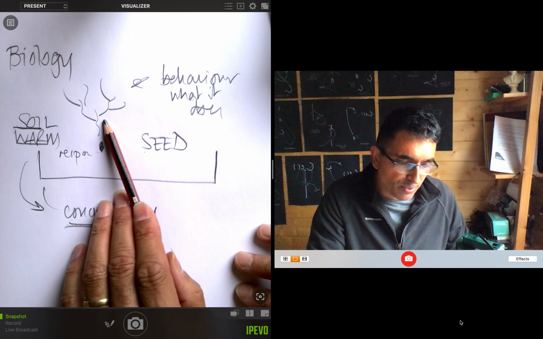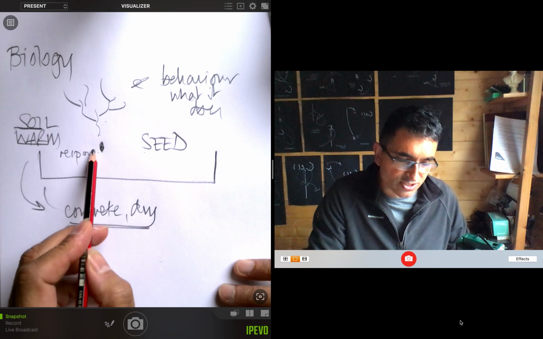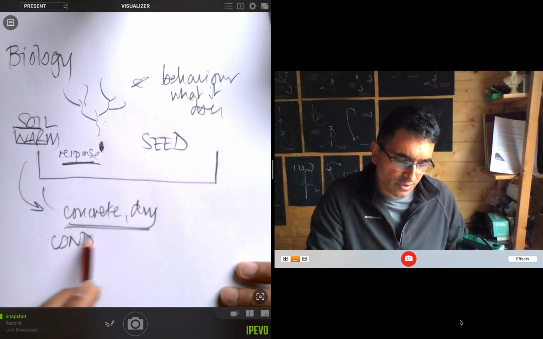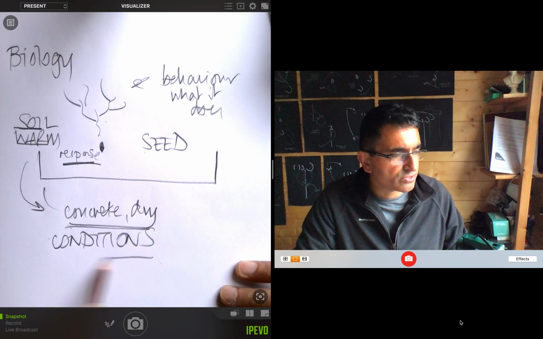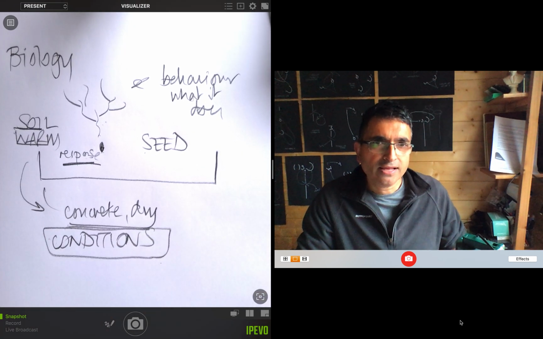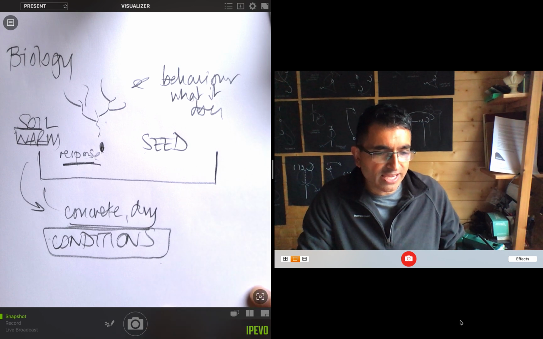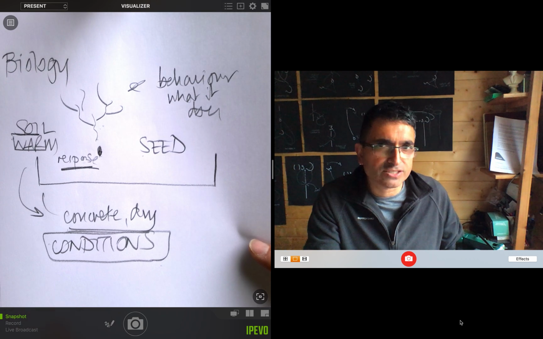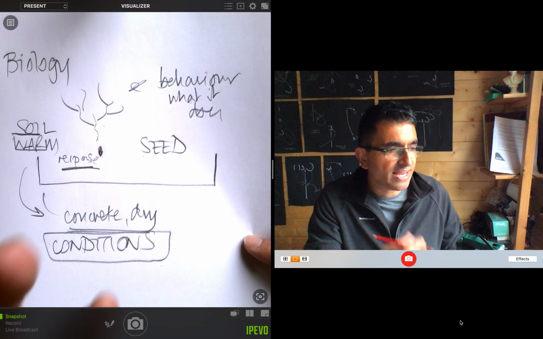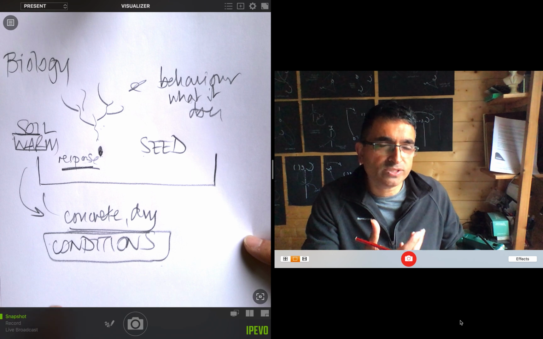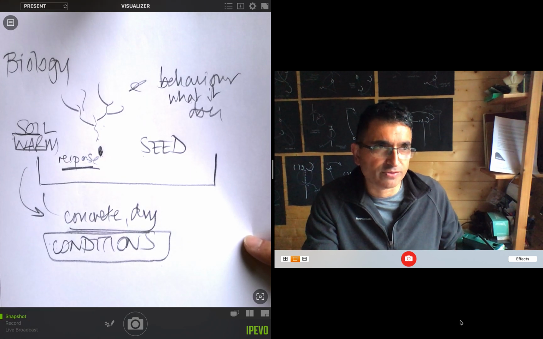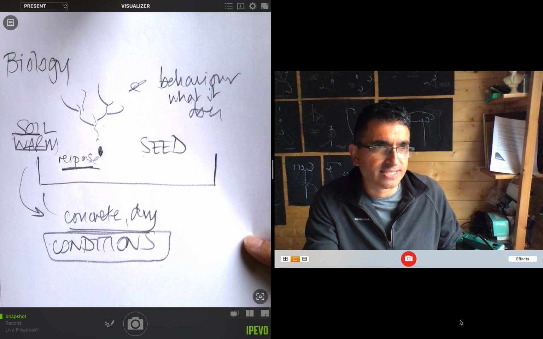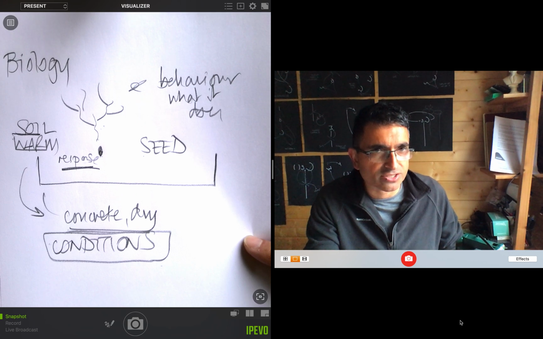So it is responding to its conditions. Absolutely critical. So for chemistry, we have an idea that to understand the behavior of an atom or an element, you have to see its behavior as a response to the conditions in which it is. Its internal structure will determine how it responds, what it does. But the fact that it does anything is a function of the conditions.